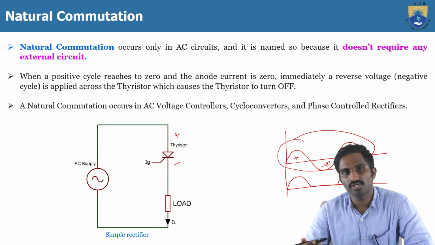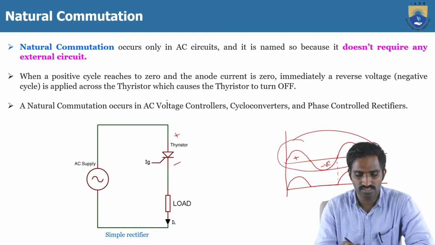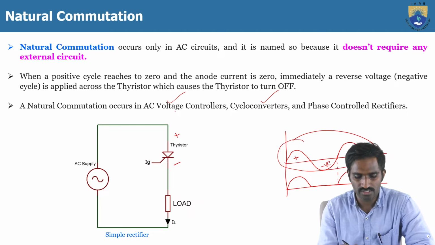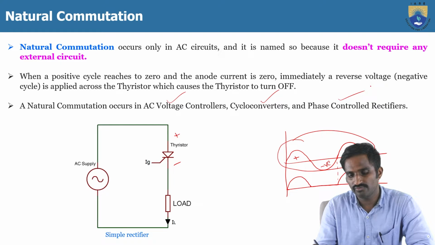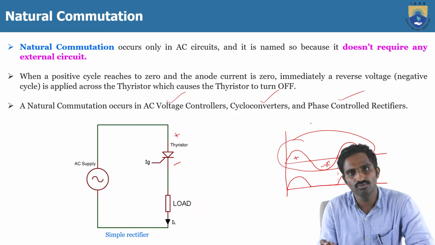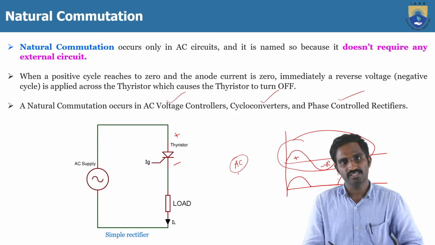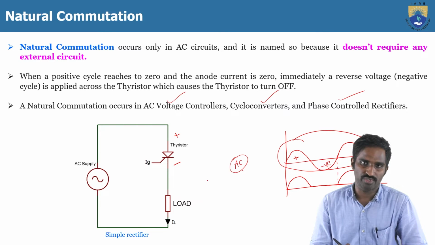The converters with AC input are the AC voltage controller, which converts fixed AC to variable AC, and the cycloconverter, which converts fixed frequency to variable frequency as well as voltage. And the phase control rectifier converts fixed AC to variable DC. So in all these converters the input is AC supply, and whenever the input supply is AC, we use natural commutation.